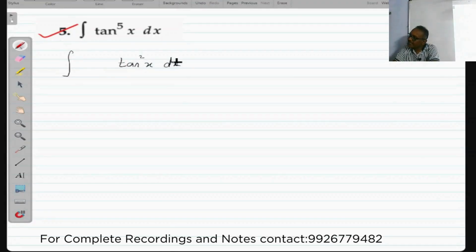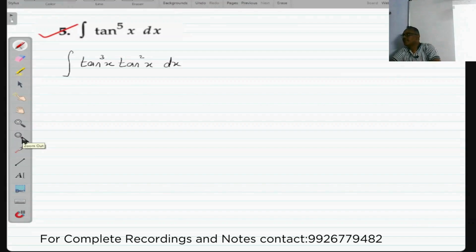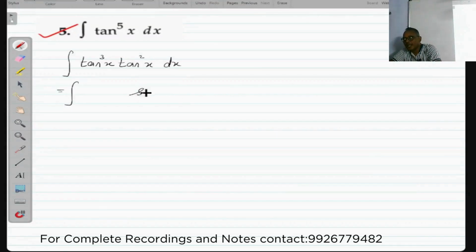What is left inside? Tan cube, है ना. ये tan cube को क्या करें? tan square को क्या करें? I'll write it as sec square minus 1.